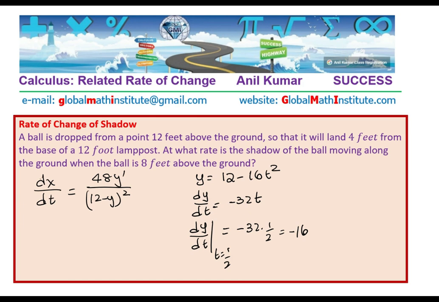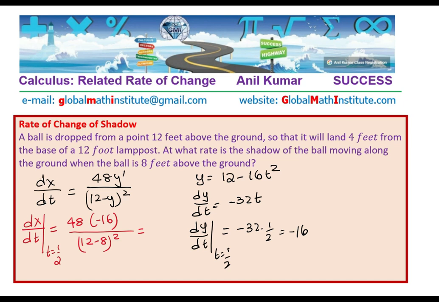So we can say that dx/dt equals 48 times minus 16, right? And this is when t is equal to half, when the height is 8, right? And we have 12 minus 8 whole square, correct? So 12 minus 8 whole square is 16.